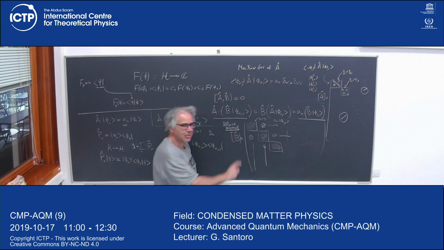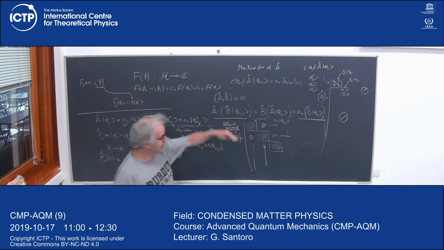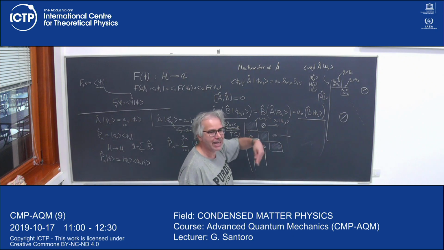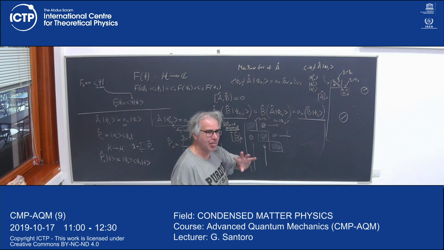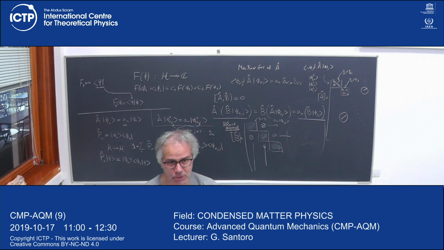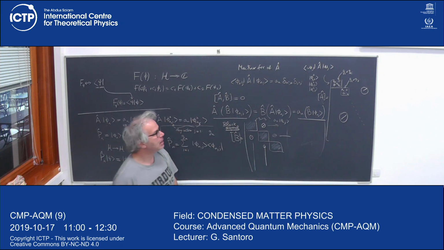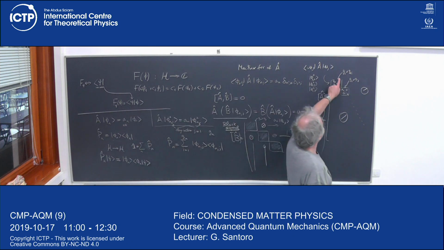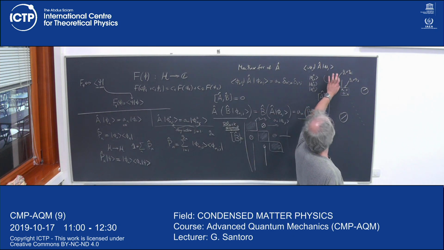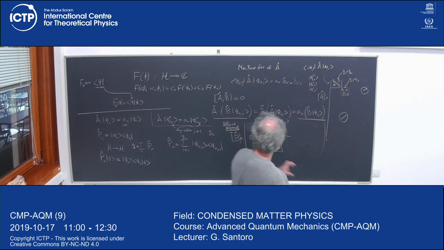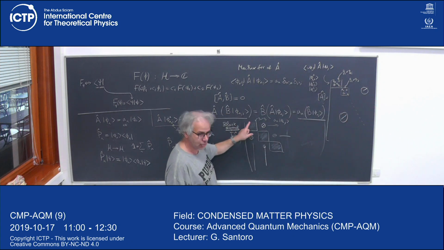which is not yet what I want. I want a really diagonal matrix, a common eigenstate of both. But it's already one step from the solution. Because all I need to do is to determine the right combination of, say, these 3 states which diagonalize this 3 by 3 block.